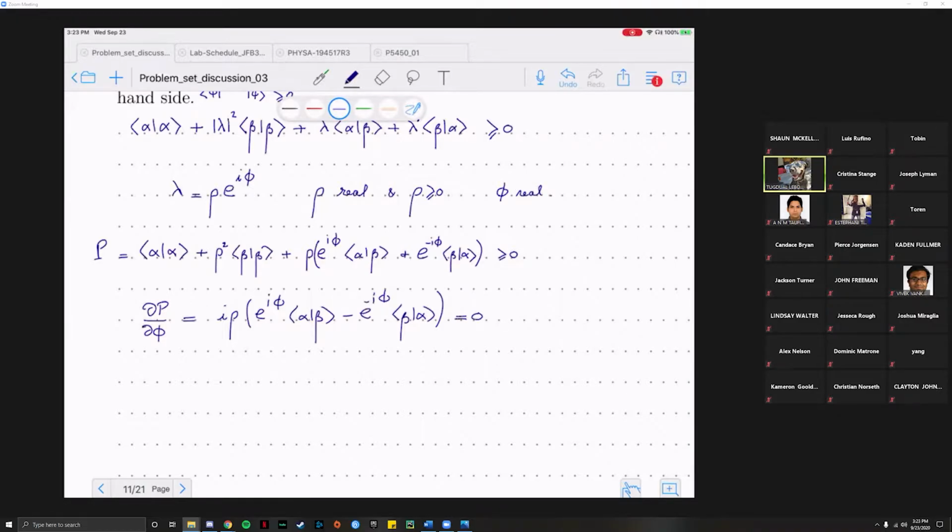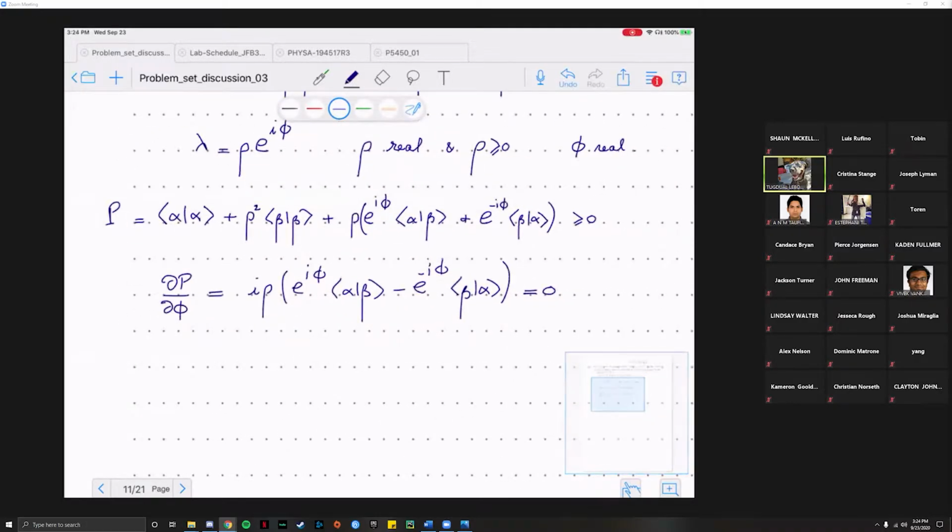Right, so that means that the two terms in the bracket are equal to each other, and so exponential of 2i phi is equal to beta alpha divided by alpha beta.